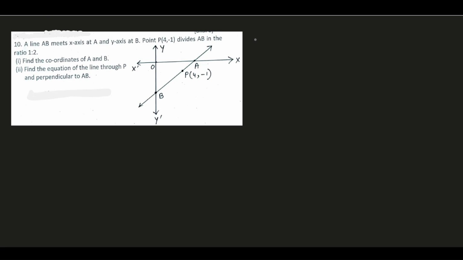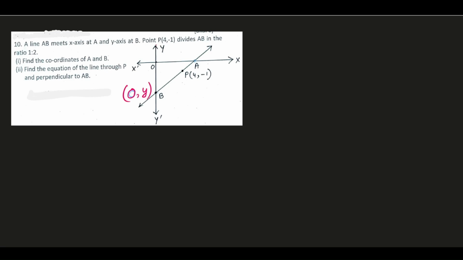So let's solve question number 10 now. A line AB meets the x-axis at A, so it's already drawn here. This is point A, and the y-axis at B. So we can straight away write the coordinates of B, which is 0, y.